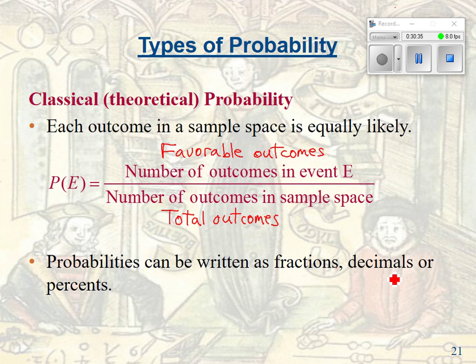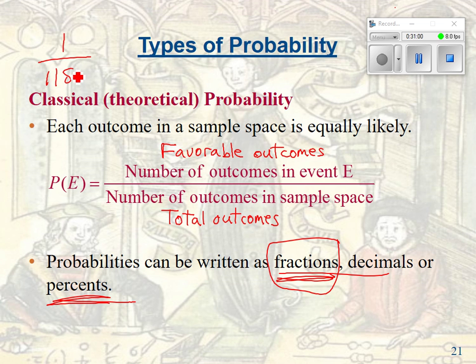Probabilities can be written as fractions, decimals, or percents. Again, I think this book most of the time gives their answers as decimals. I would rather see a fraction or a percent because more people understand those. The reason that you don't just leave it as a fraction, we just had that one a second ago with the pizzas, and it was 1 out of 1,188.